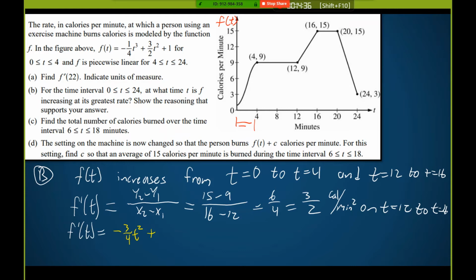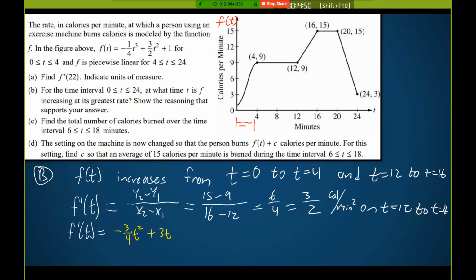Okay, 6t over 2, so that's 3t. Okay, so that's our first derivative. That'll tell us how fast we're going. And we would need to plug in a time between 0 and 4 in order to make that work.